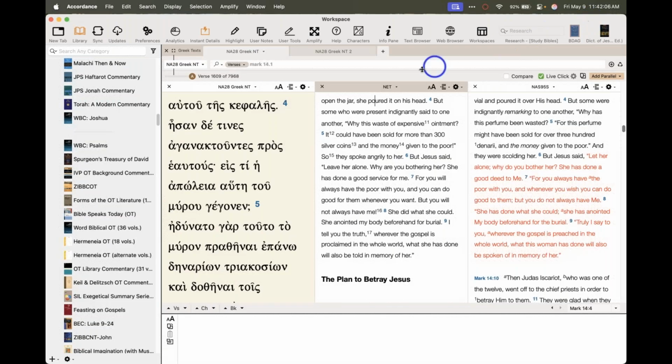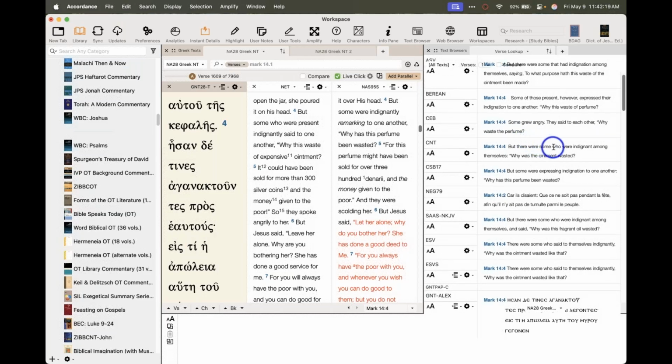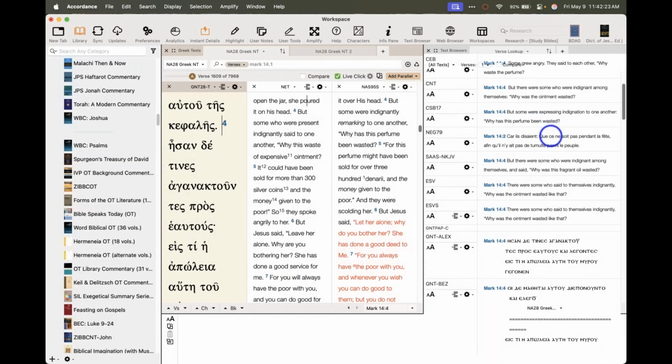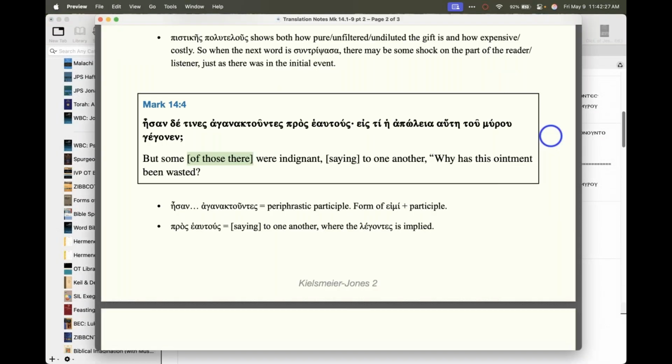But again, look at your different translations. You're probably going to get "there were some of those present," but then you have here just "some grew angry," or "there were some who were indignant," or "some were expressing indignation." So you'll get some different ideas for how you might translate that.